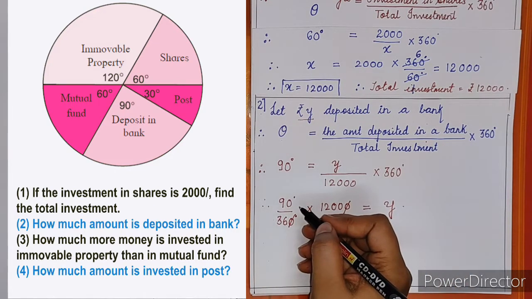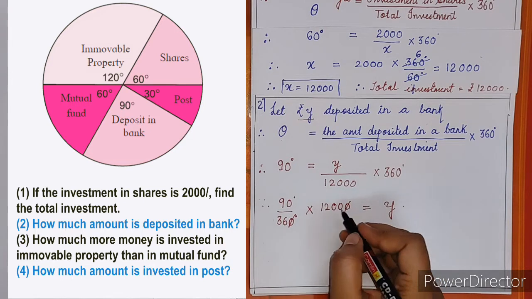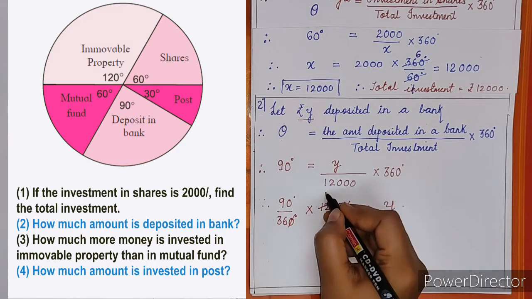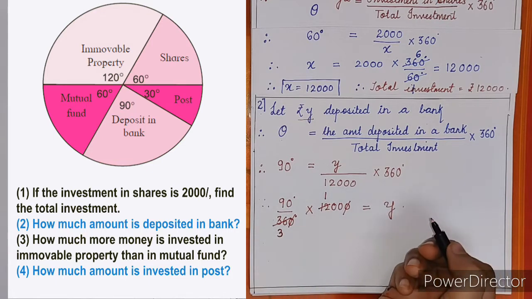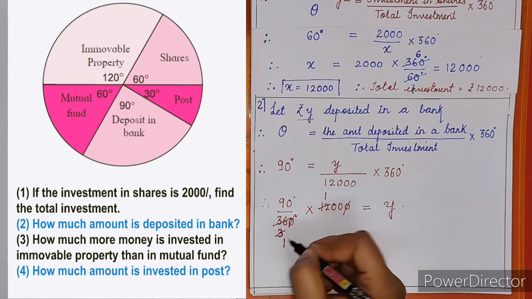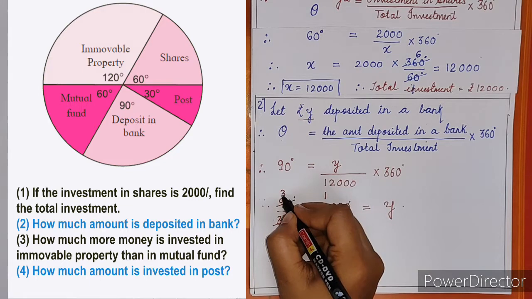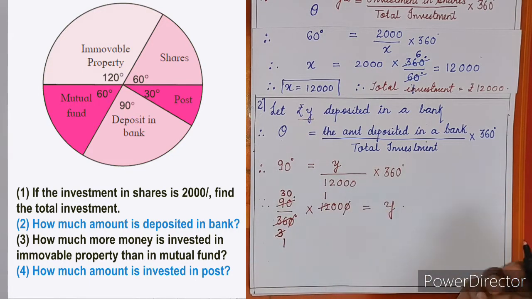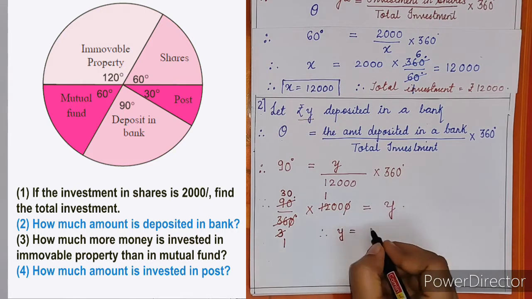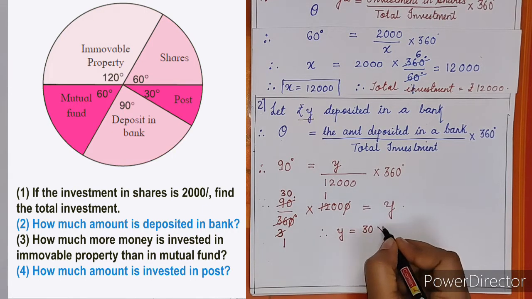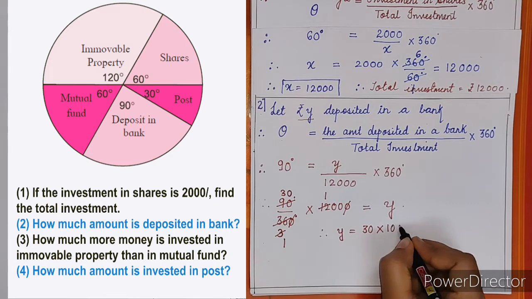Now we'll see the calculation one by one. 12 ones are 12 and here 12 threes are 36. 3 ones are 3 and 3 threes are 9. 0 will come up. So therefore Y equals, here we have 30 multiplied by, here we have 100.